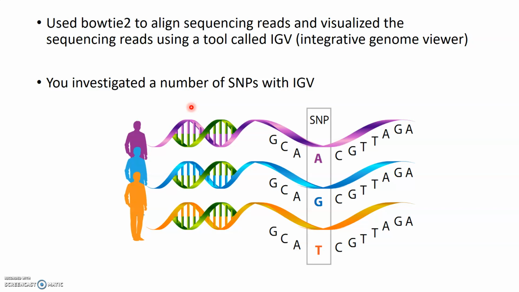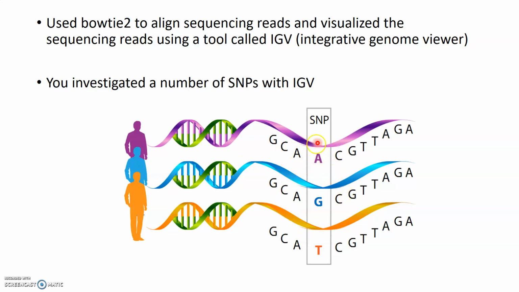Now in IGV, remember, we are going to see a number of what are called SNPs, or single nucleotide polymorphisms. These are the most common type of genetic variation among people. Each SNP represents a difference in a single DNA nucleotide. For example, here we have 3 individuals.